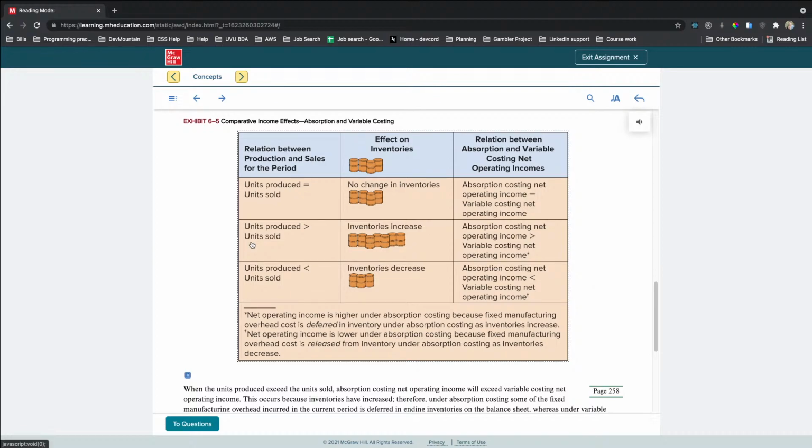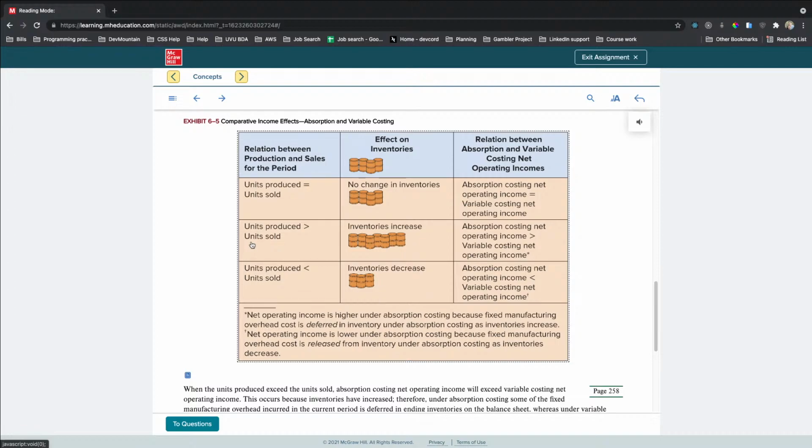So let's say the month of January, I built 4, but in the month of January I sold 6. So what that means is, under absorption costing, I'm going to finally realize those 2.